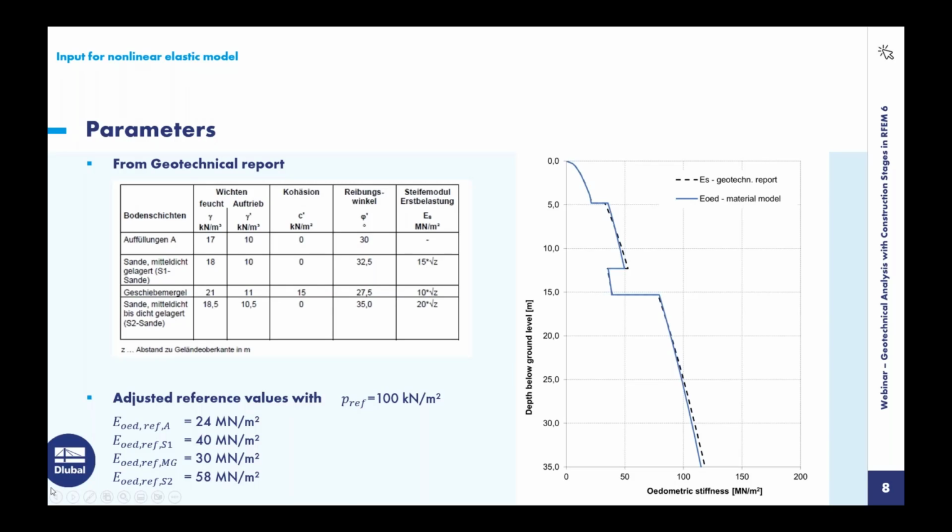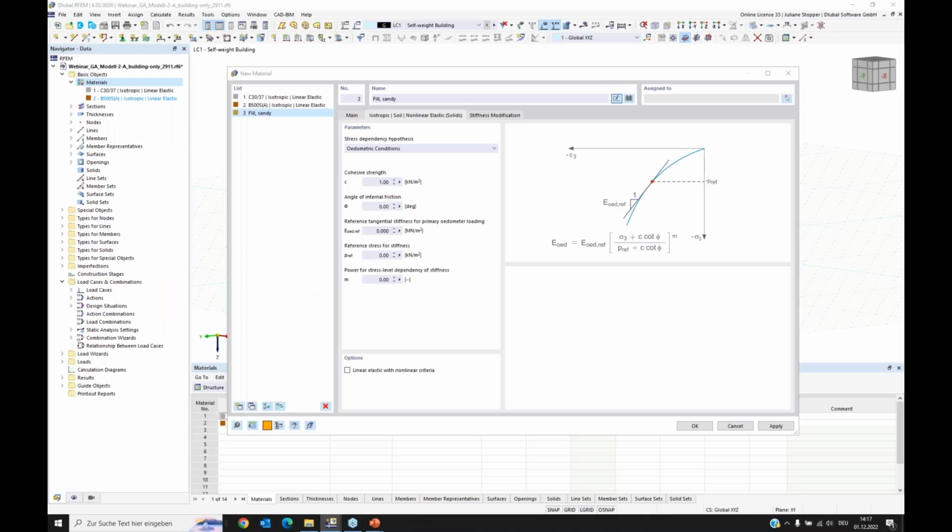I will fill in 30 degrees. And we have the oedometric reference stiffness of 24 for this layer, and as I said, I use 100 for the reference stress, and 0.5 for the power. I apply this and I can see here that it is defined.